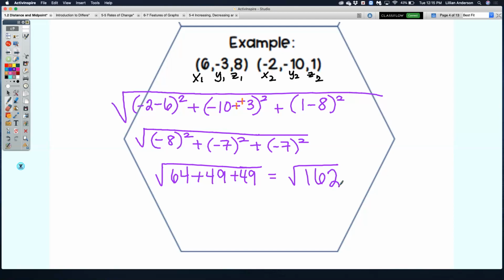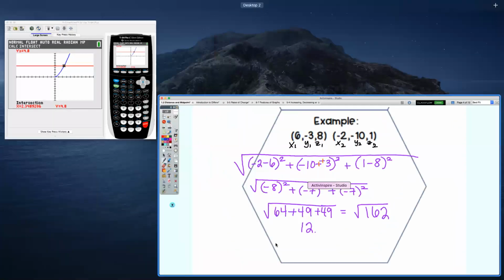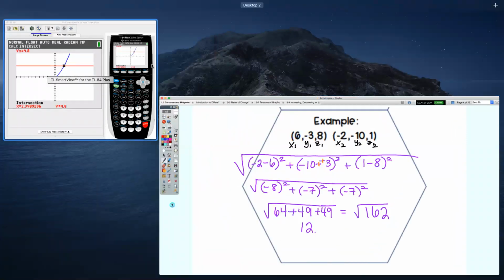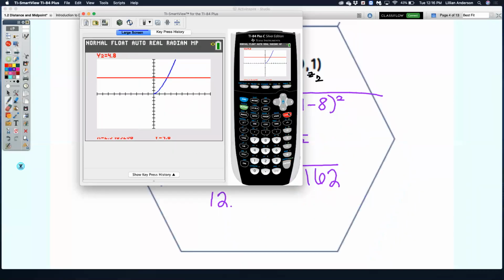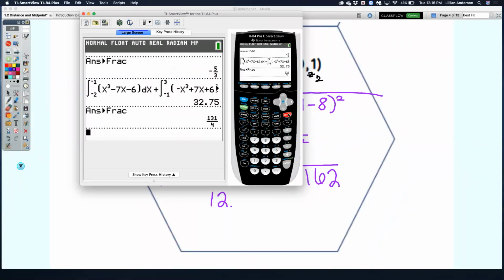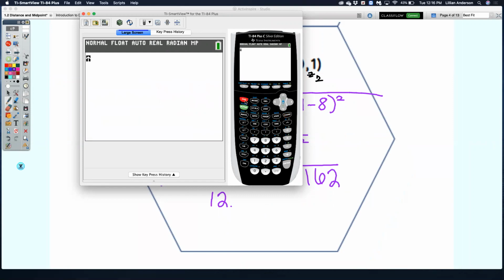12.8? Yeah, the full number is 12.806. Double check. Oh, no, I put 164. Hold on. All right, and in case you're wondering where the square root button is located, you press the second button and you press the X squared button, which is about 4 buttons down from that second button.